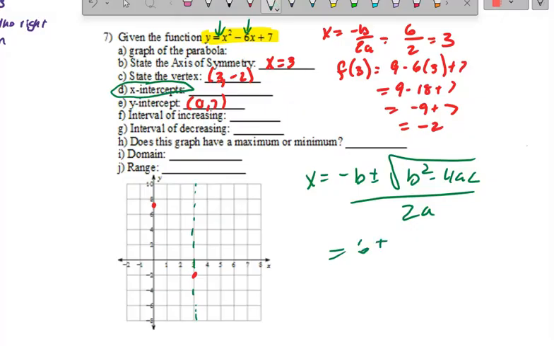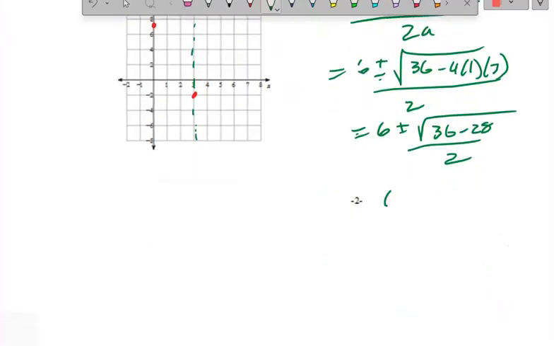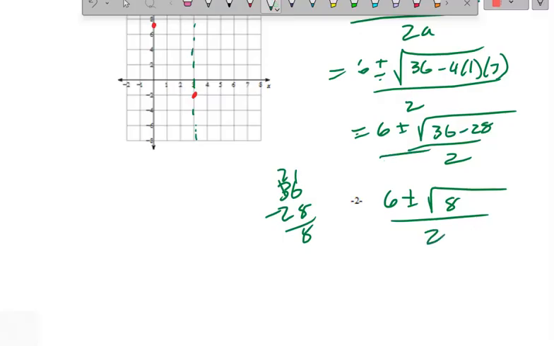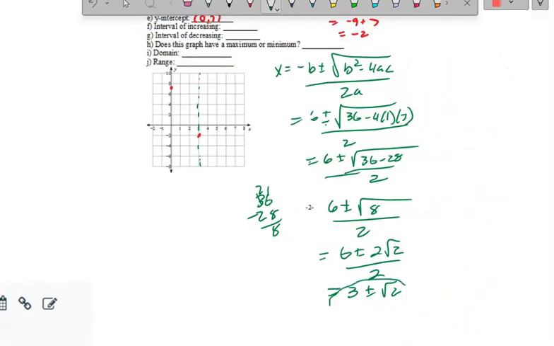That is positive 6 plus or minus the square root of 36 minus 4 times 1 times 7, all over 2 times 1, which is 6 plus or minus the square root of 36 minus 28, over 2, which is 6 plus or minus the square root of 8, all over 2, which is 6 plus or minus 2 radical 2 over 2, which is 3 plus or minus radical 2. And then I would honestly take my calculator right there.